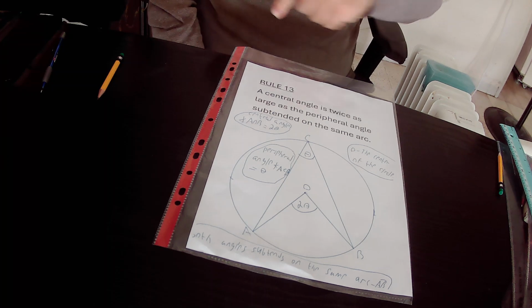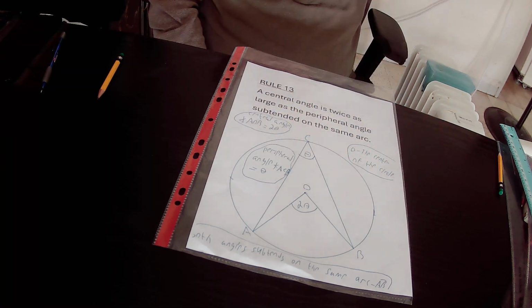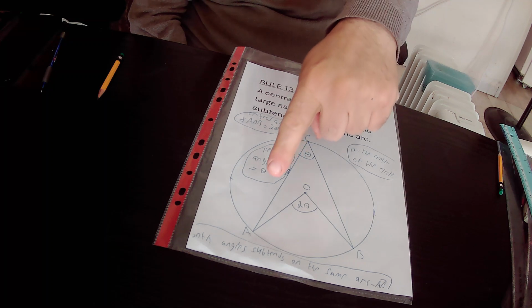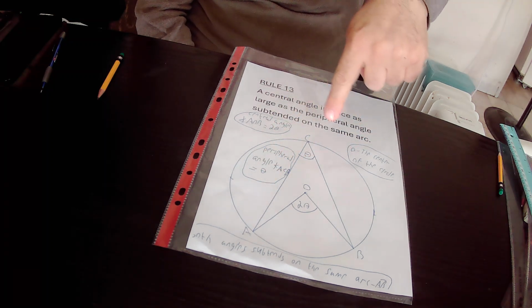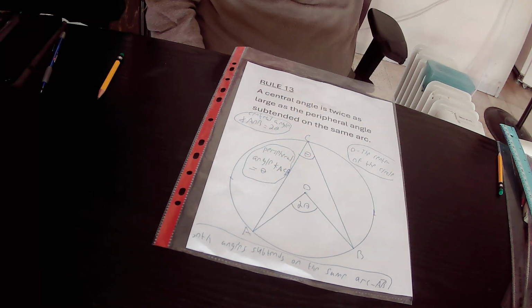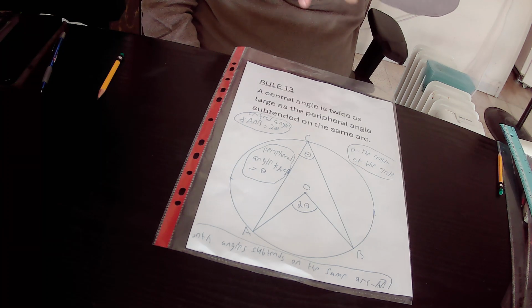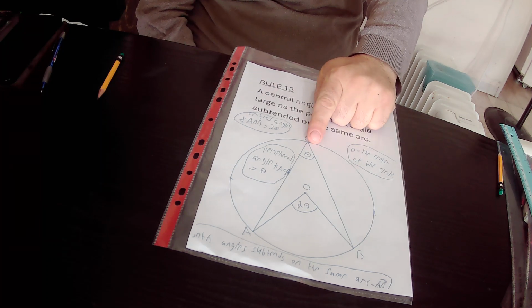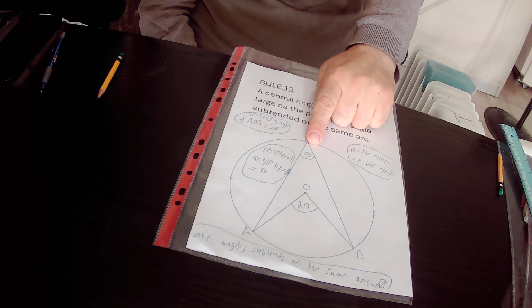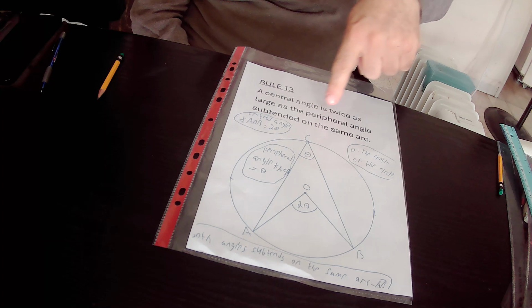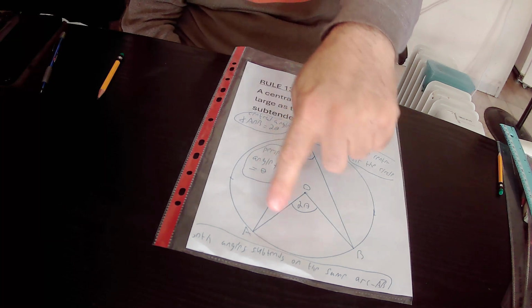So in the drawing we have a circle. Inside this circle we have peripheral angle ACB equal to 30 degrees in its size, and this peripheral angle ACB is subtended on this arc AKB.